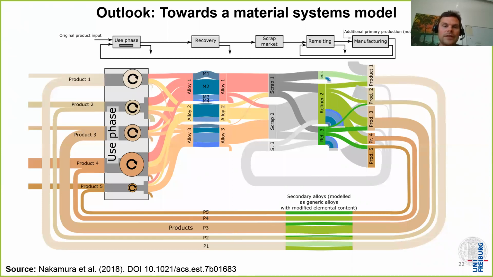We don't really have such a thing for materials. And the reason is that materials are more complex because they're constantly mixed. You have different alloys, you have different ore deposits, and also materials can be recycled, whereas energy is usually just downcycled to heat. So when material is recycled, you again have the mixing of alloying elements. And at the moment, we don't really have good models that can capture these different effects.